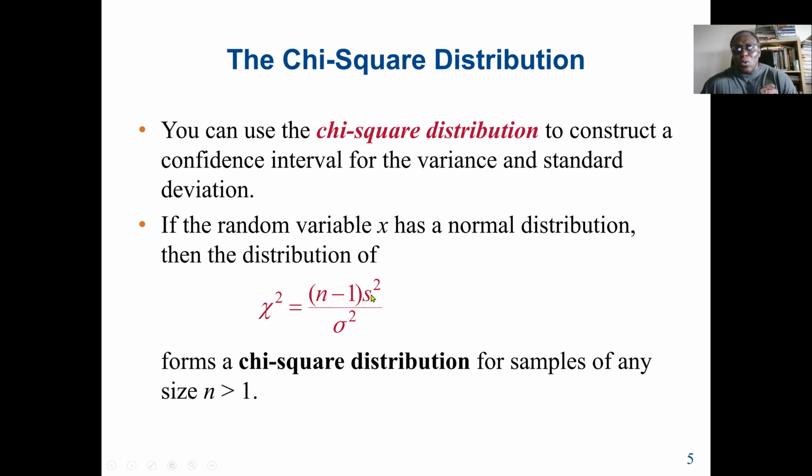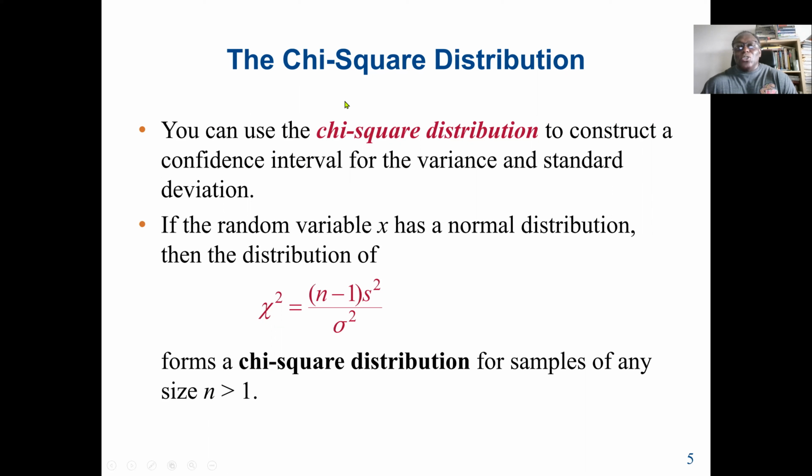S square is our sample variance, and sigma square is our population variance. The formula is the sample size minus 1 times the sample variance divided by the population variance. This forms the chi-square distribution for samples of any size greater than 1. So the sample size has to be greater than 1.